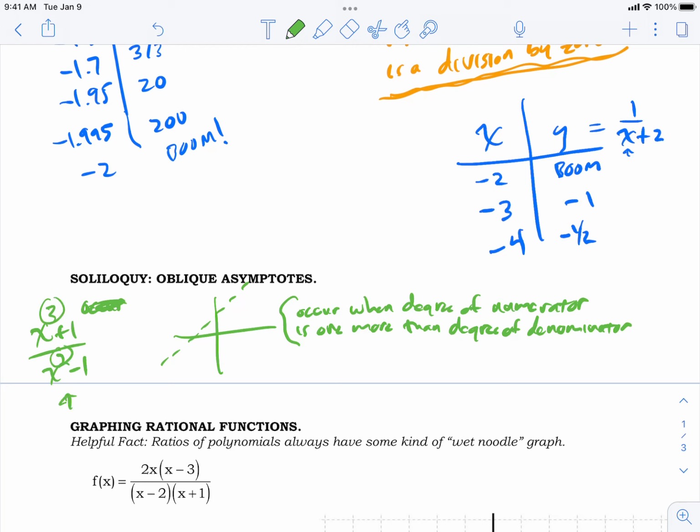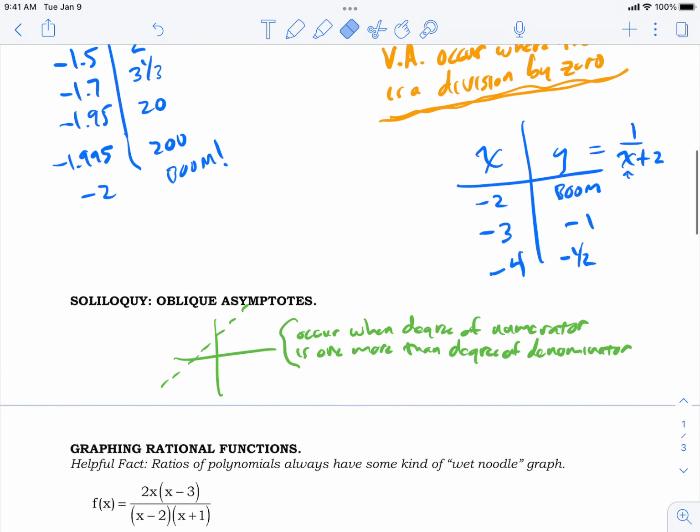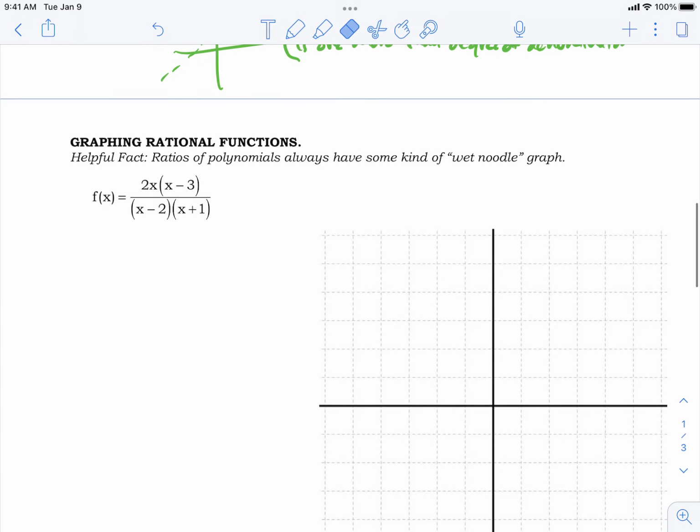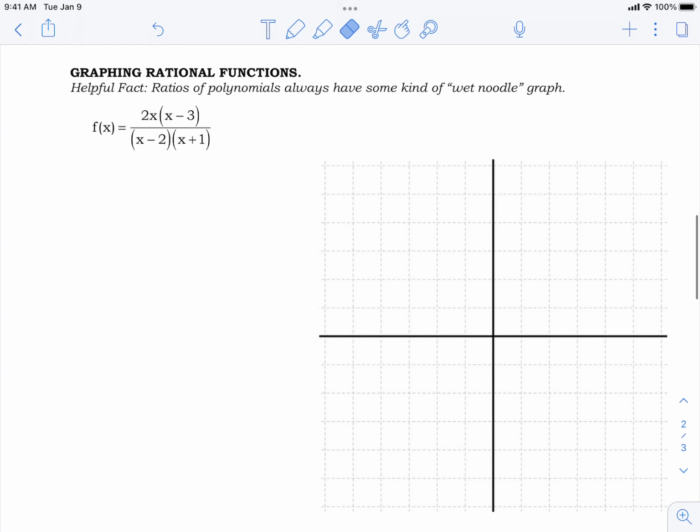But we're not going to do those in this course because they require polynomial long division. Just keep in mind that you can actually have oblique asymptotes. So in your future, if you're playing around with asymptotes, keep that in mind. But let's focus on verticals and horizontals for now.